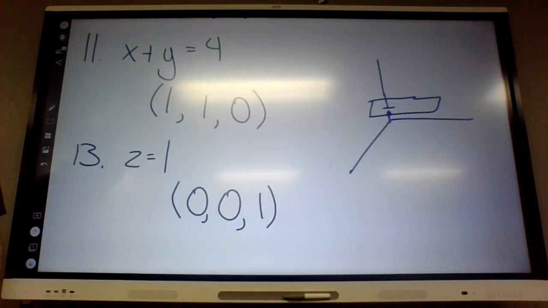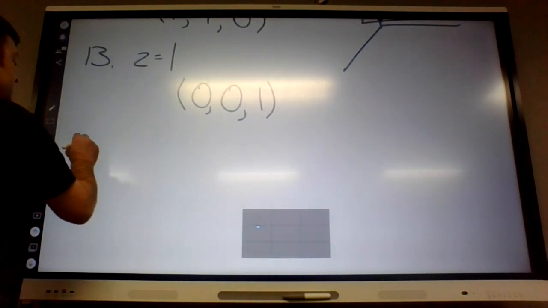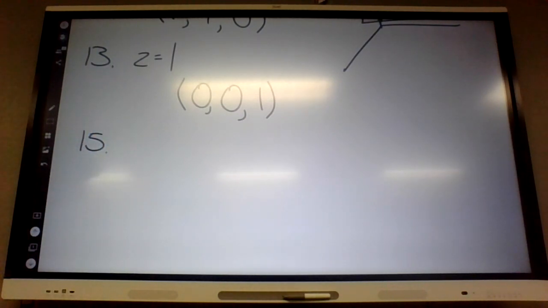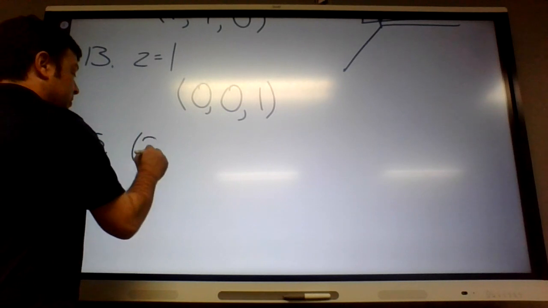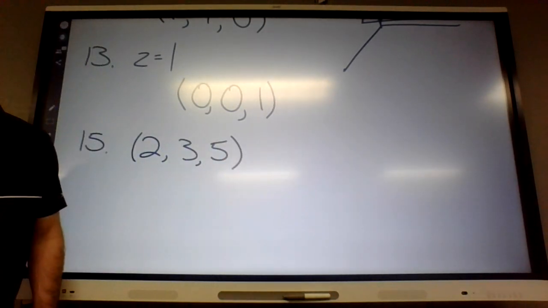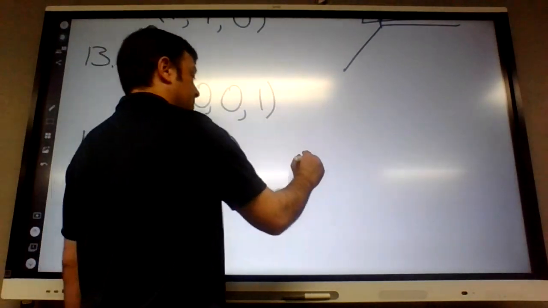Anyways, number 15. Find a Cartesian equation. It's kind of the same thing as what we're doing, just opposite. They're starting with the vector, and we're supposed to write the equation that goes with it. So the vector is 2, 3, 5. The other thing they give us is that the plane contains the point 3, 1, 7.